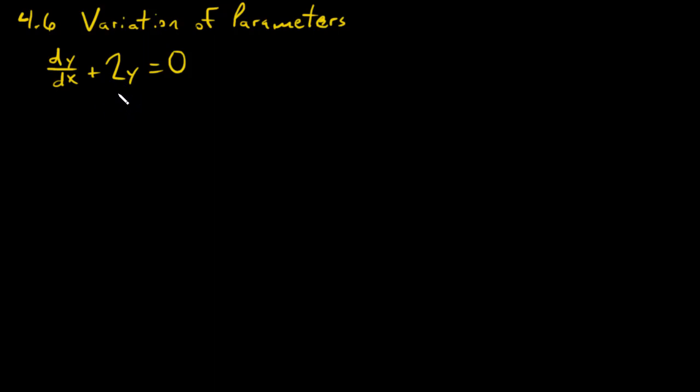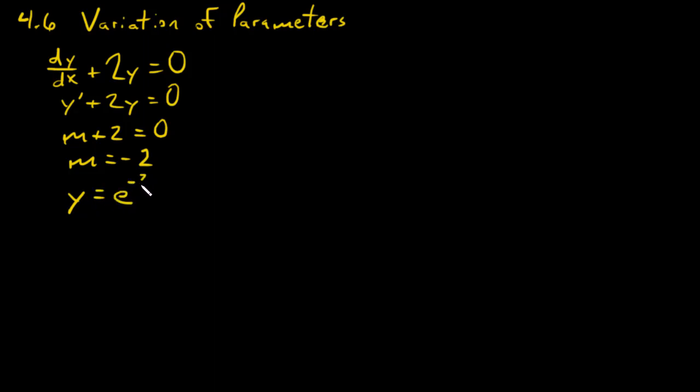So y prime plus 2y equals 0, m plus 2 equals 0, m equals negative 2, right? So y equals, that's not an equal sign, that's an e. y equals e to the negative 2x, like that.